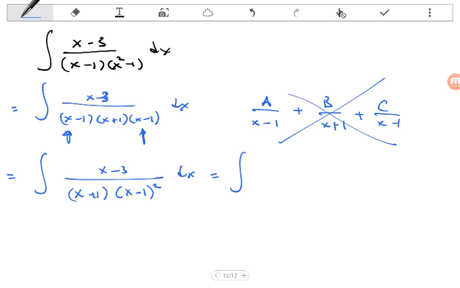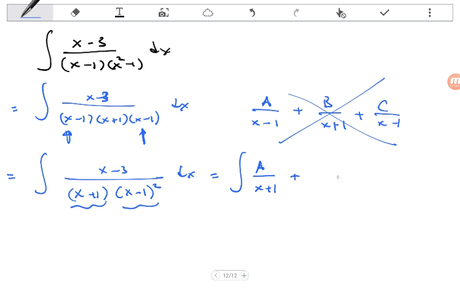Now I need to put my assumption for the fractions. I have here a linear bracket, so it will be a over x plus 1. Now for this one, how would I make my assumption? We have two terms, because here I have a linear bracket raised to some power.